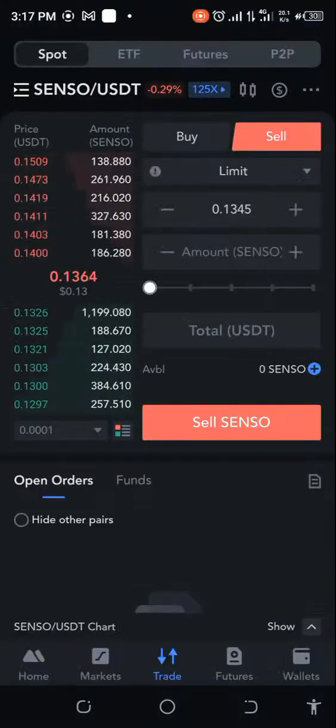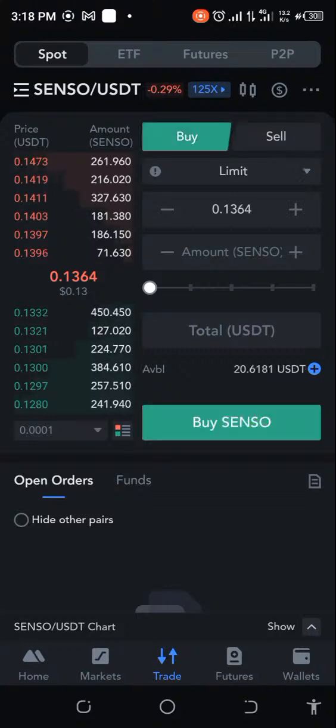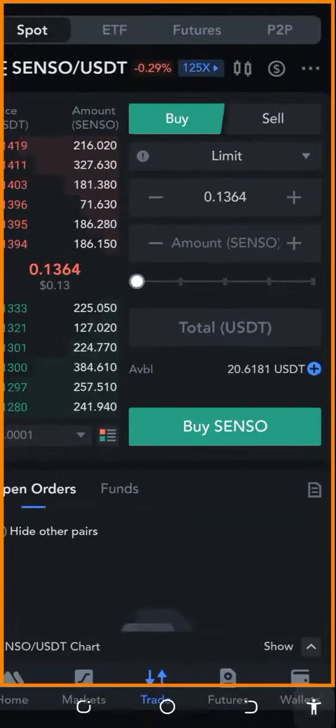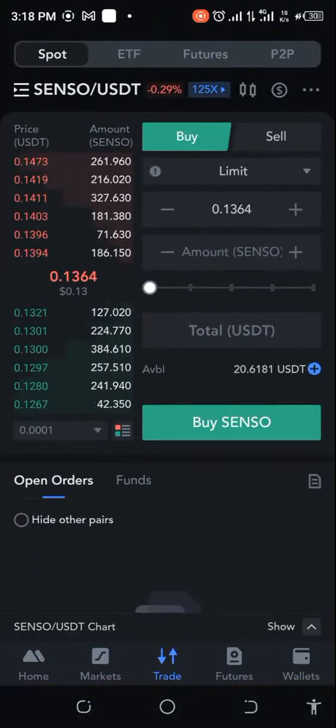All right, I'm back and it has already sold to USDT. Yes, it is already sold. As you can see, it has been sold to USDT. I'm so happy. And what do we have here? Yeah. We've got 20.61, just like we said, right? And this trade wasn't that long, really.